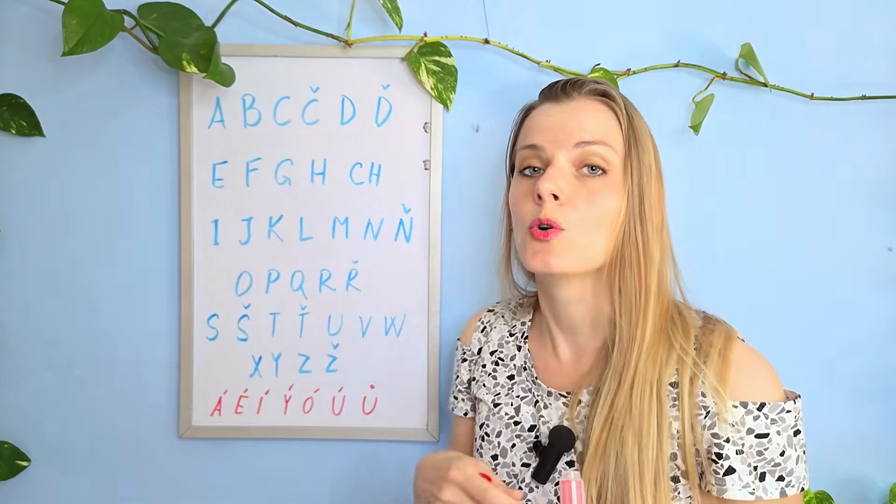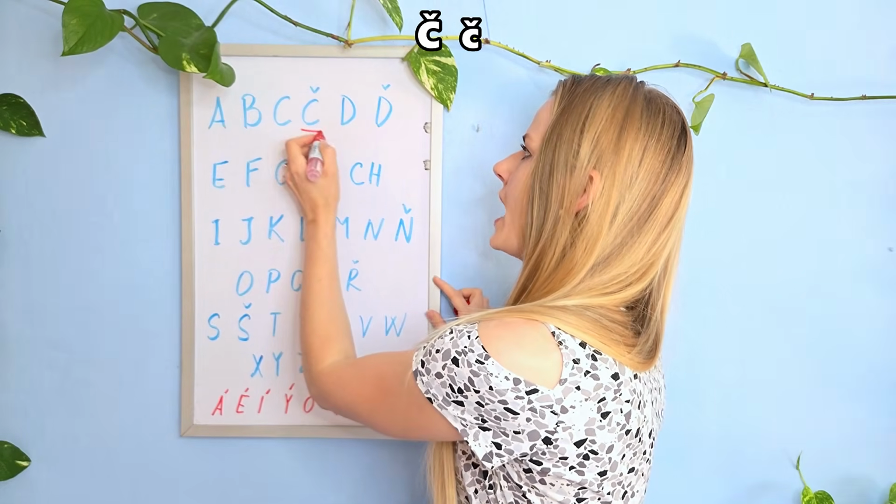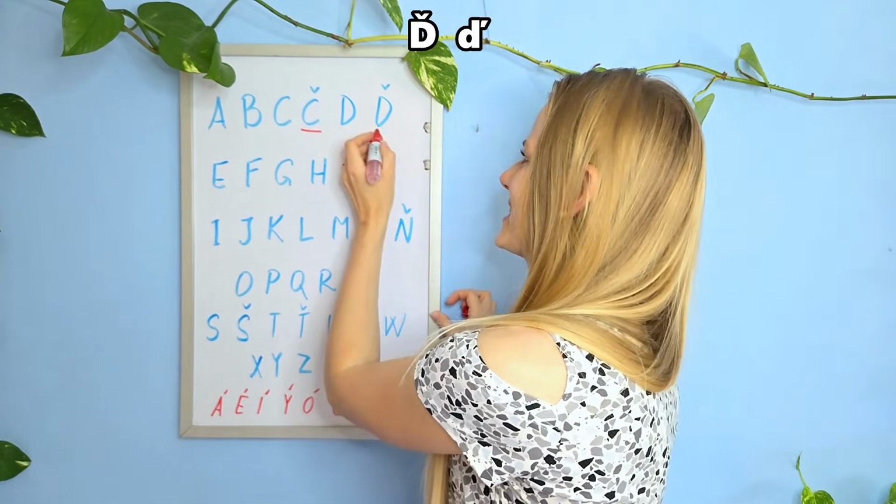So in this alphabet you can clearly see some letters that are definitely not in the English alphabet or not in the Latin alphabet. Those are Ch, the sound is Ch.